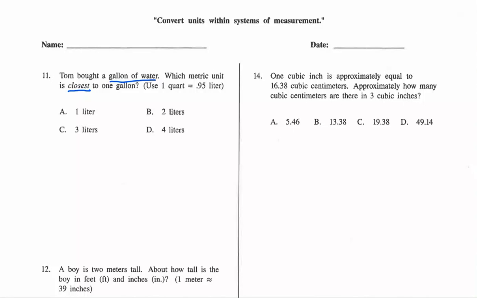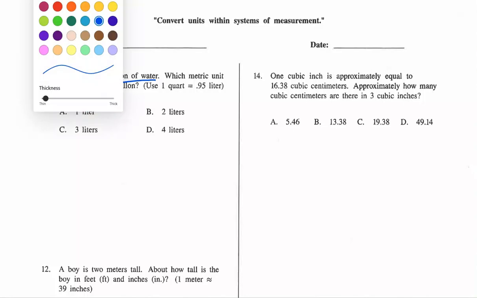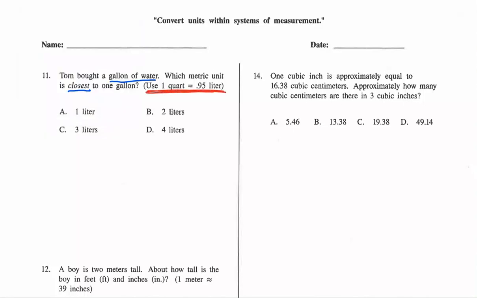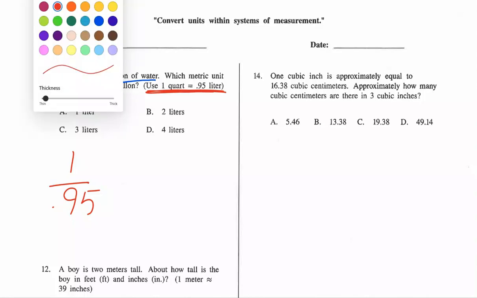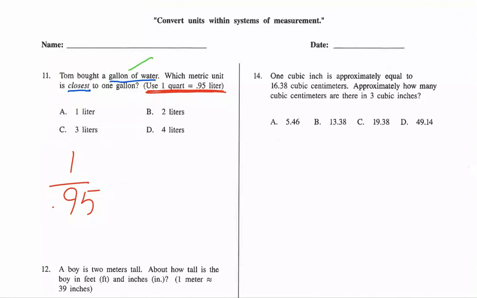So this right here is my conversion unit. So I have 1 over 0.95. That is my quarts over liters. Next, we need to know how many quarts are in a gallon. Well, there are 4 quarts in a gallon.